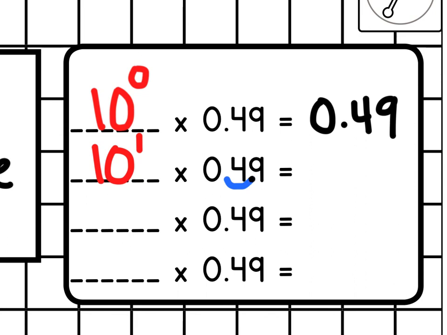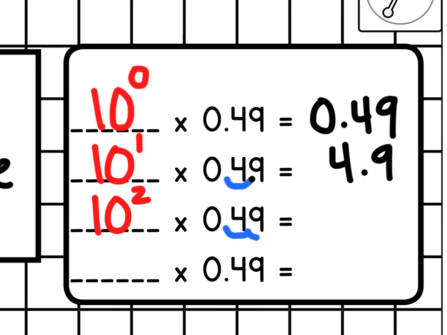My new decimal is right there, and so I have 4.9. If I have 10 to the power of 2, 10 to the second power, the 2 tells me I'm moving the decimal 2 times. So I will grab the decimal and move it 1, 2 times. I have a new decimal, and my answer is 49.